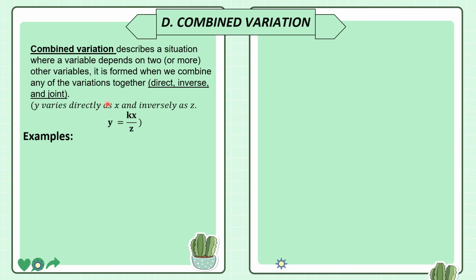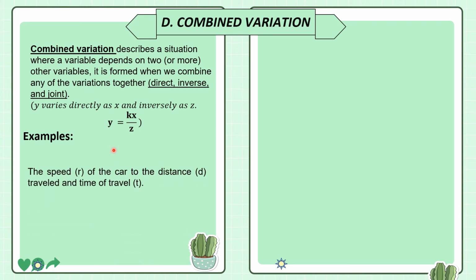So here is an example of a mathematical statement, and then we will convert it into a mathematical equation. y varies directly as x and inversely as z. If we convert this given statement into a mathematical equation, this will become y is equal to k times x divided by z.